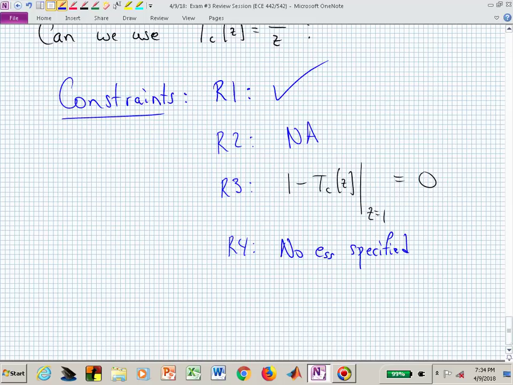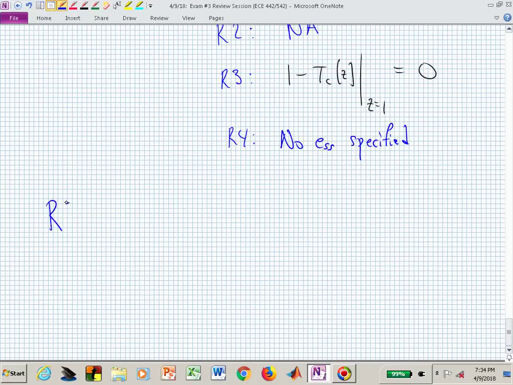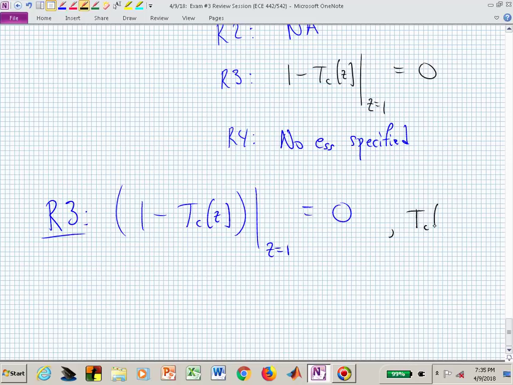Let's go back to restriction 3. We need that to be true. And what did we hypothesize for t sub c of z? K over z. We're hoping that gives us enough freedom to satisfy restriction 3.